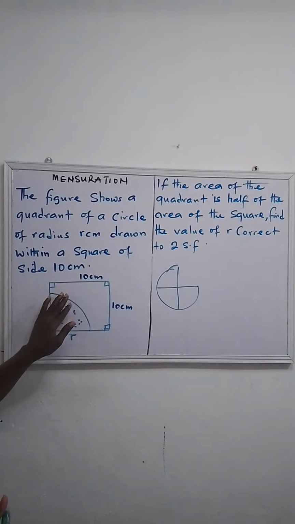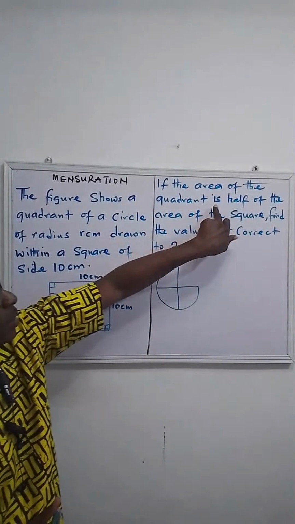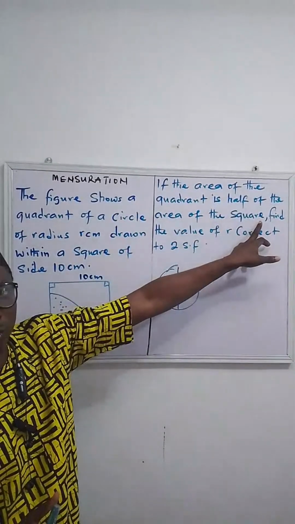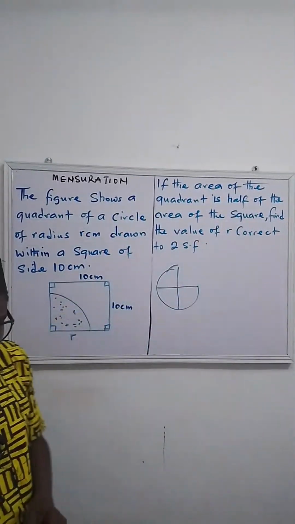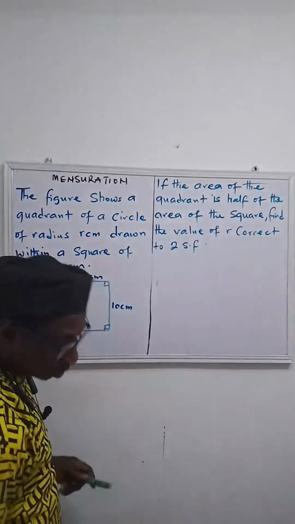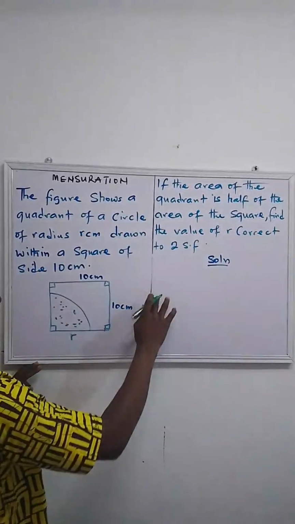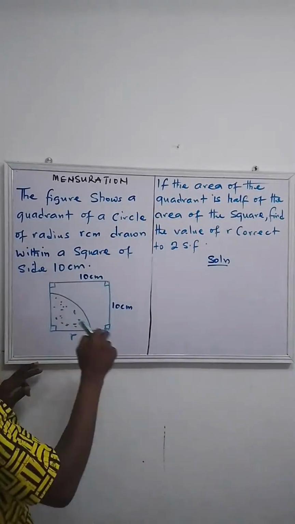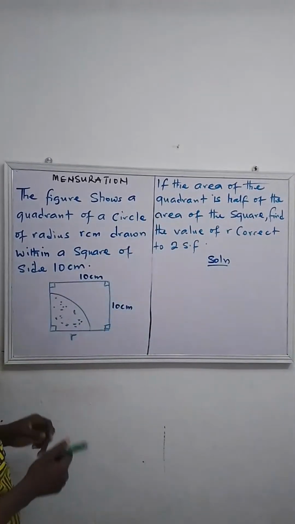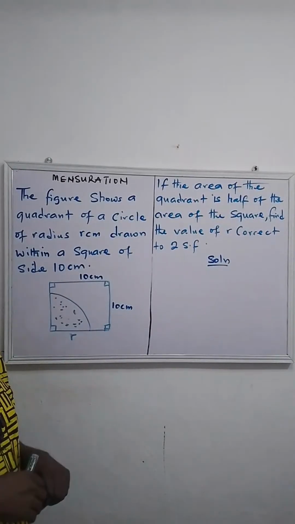Okay, so that is what the question says. The area of this quadrant is equal to half of the area of the square. If the area of the quadrant is half of the area of the square, then we can calculate the radius. Okay, so how do we go about this? Now, we are going to start from here. Area of quadrant is 1/4 of area of a circle.